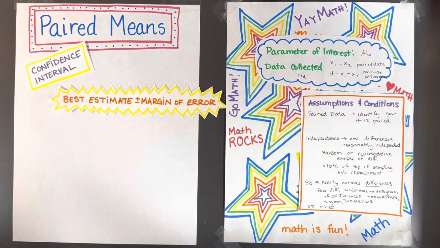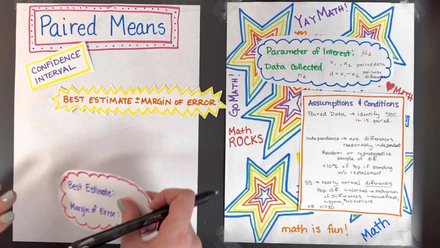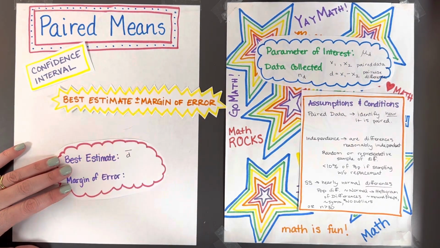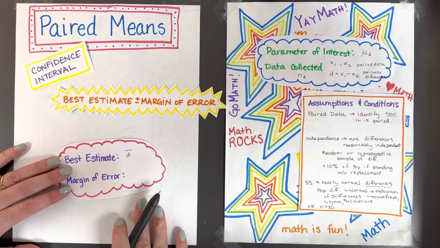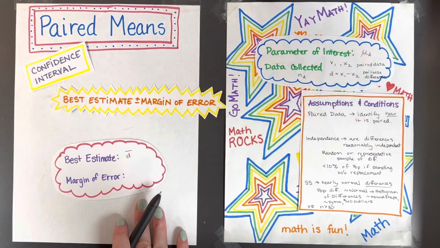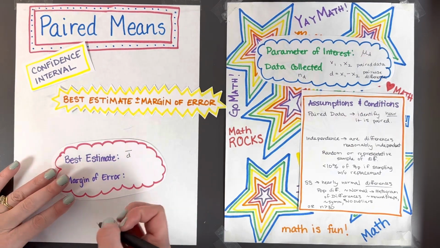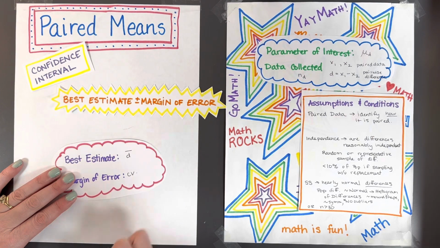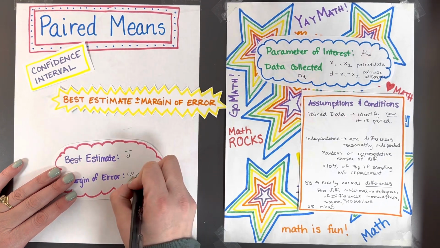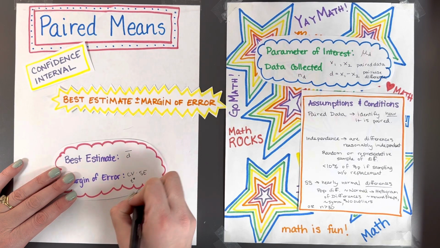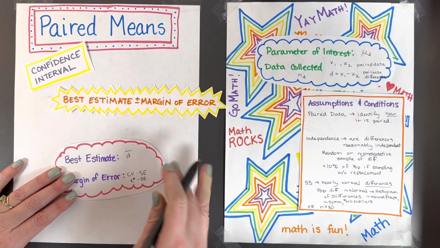So for a confidence interval, this is going to be a best estimate plus or minus a margin of error. Our best estimate is going to be d bar, which is the mean of sample differences. So we need to get the differences and then average those. And our margin of error is going to be a critical value multiplied by a standard error. In this case, that will be a t star times a standard error.